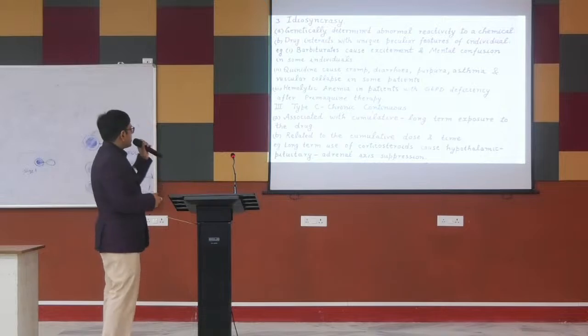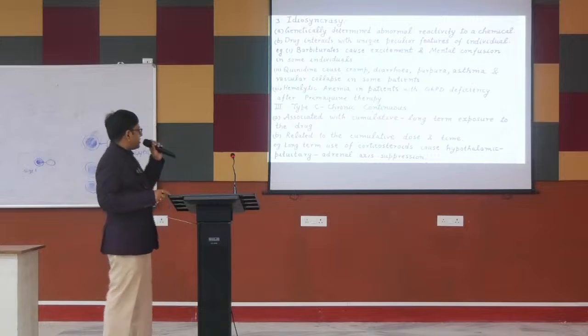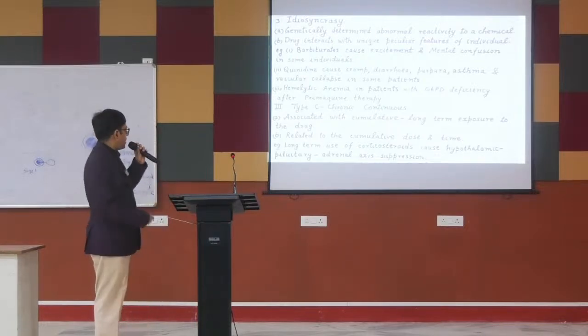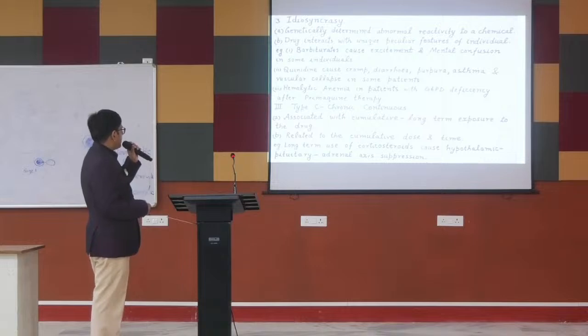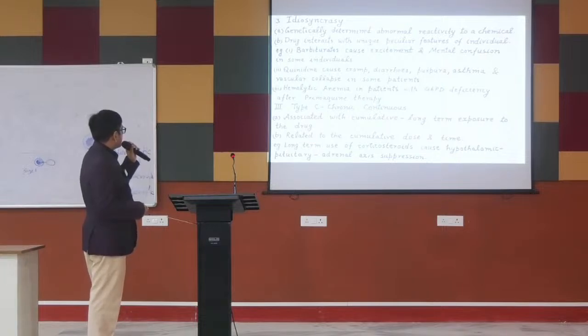Alright, even those patients who have G6PD deficiency show idiosyncrasy to certain drugs. Suddenly they will develop severe hemolytic anemia, because the RBCs will break down. Okay, so we have A, B, C.